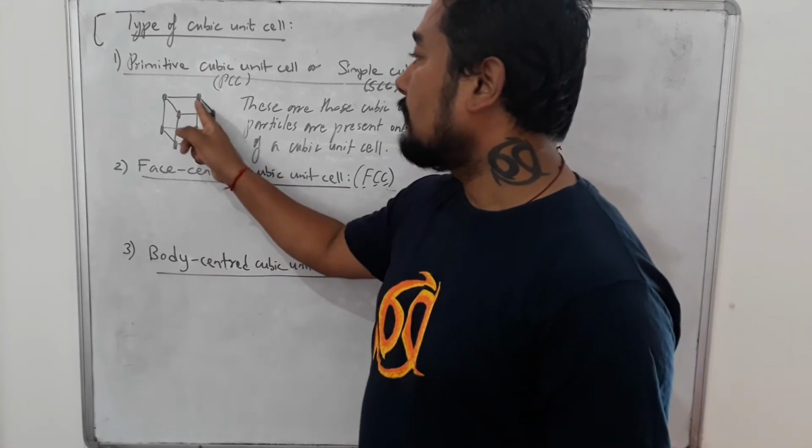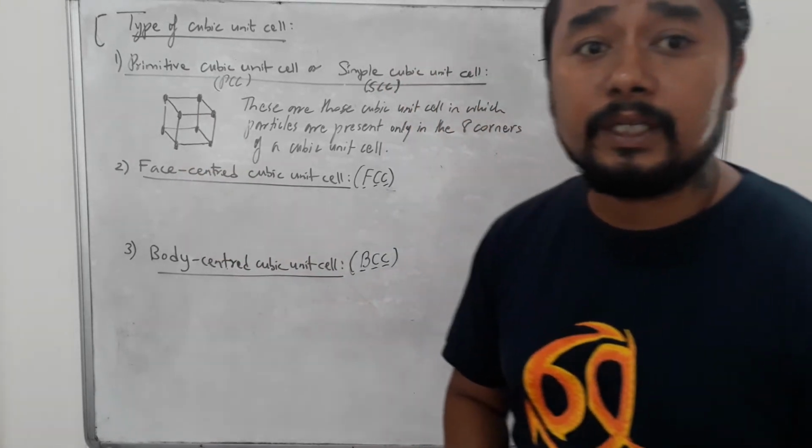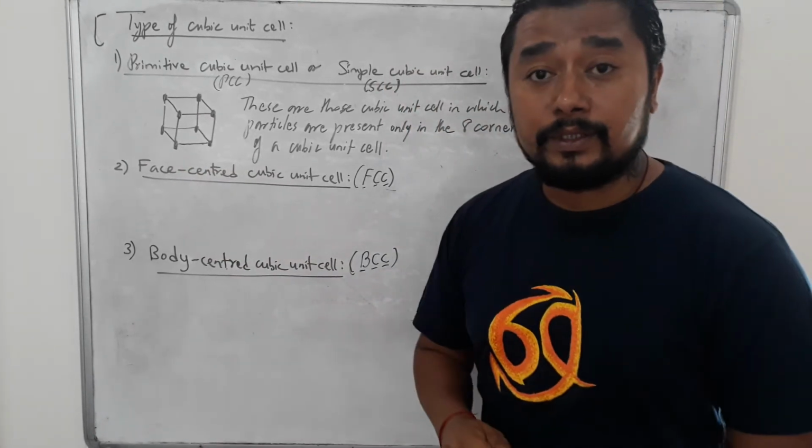You can see here, if the particles are present only in the 8 corners of a cubic unit cell, that is called a primitive cubic unit cell, or we call it a simple cubic unit cell.